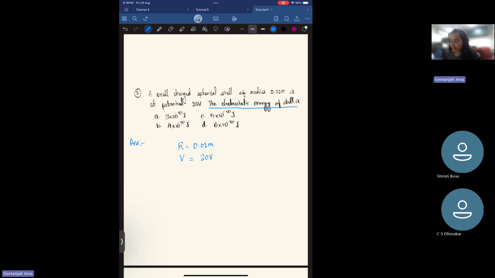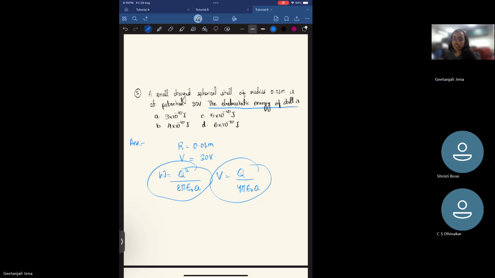So for the spherical shell, if you recall, the electrostatic energy is q square by 8 pi epsilon naught A, right? And the potential is q by 4 pi epsilon naught A. So potential is given, so you can easily write the electrostatic energy in terms of the potential or the parameters given to you.